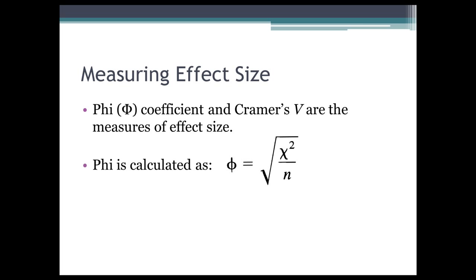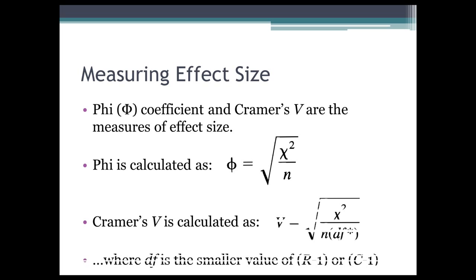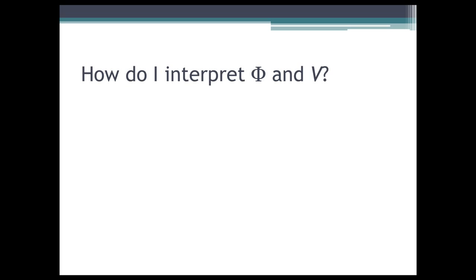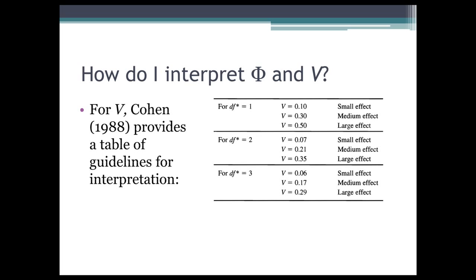Phi is calculated as the square root of the chi-square test value over N, and Cramér's V is calculated as the square root of the chi-square test value over N multiplied by the degrees of freedom, where the degrees of freedom is the smaller value of R minus 1 or C minus 1. You would insert the smaller value of R minus 1 or C minus 1 in that equation to calculate Cramér's V. But how do you interpret phi and Cramér's V?